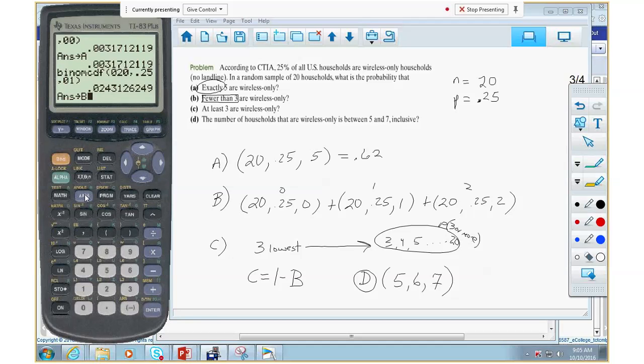B. And then alpha second entry. And then 2. Store. Alpha C. And then what do we do with all those? Alpha A plus alpha B plus alpha C. What'd y'all get? I got 0.12. What'd y'all get? Good.